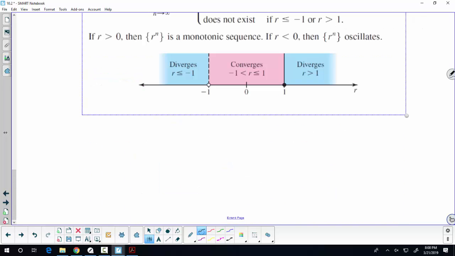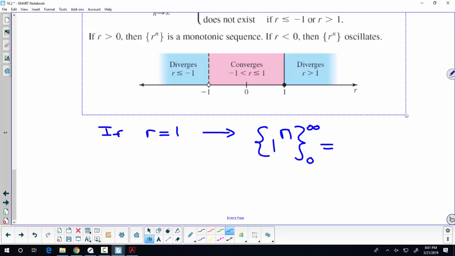So let's look at that here. If the common ratio is 1, what we're looking at is the sequence 1 to the n, from 0 to infinity.